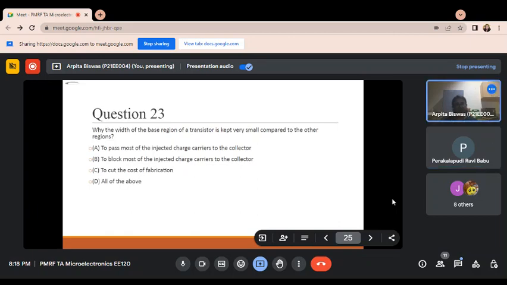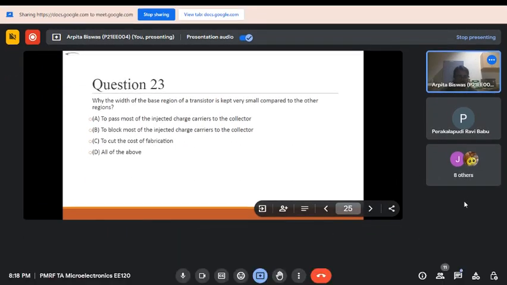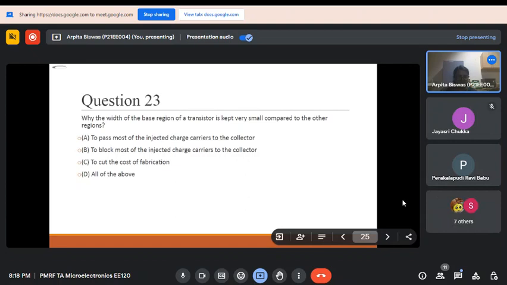Kavya, if the base region is thicker or wider, in that case what happens?